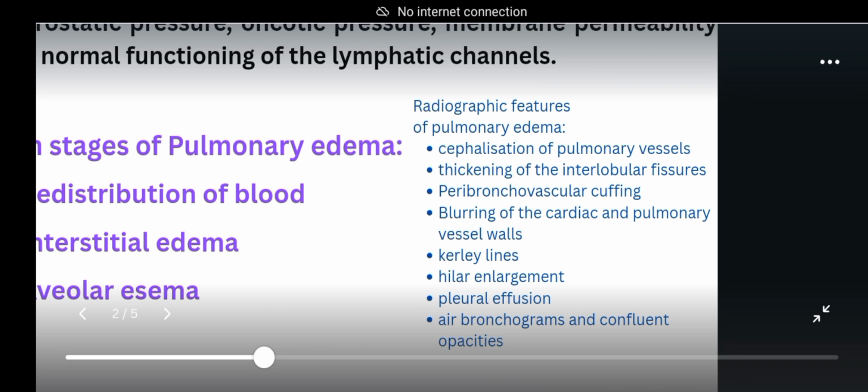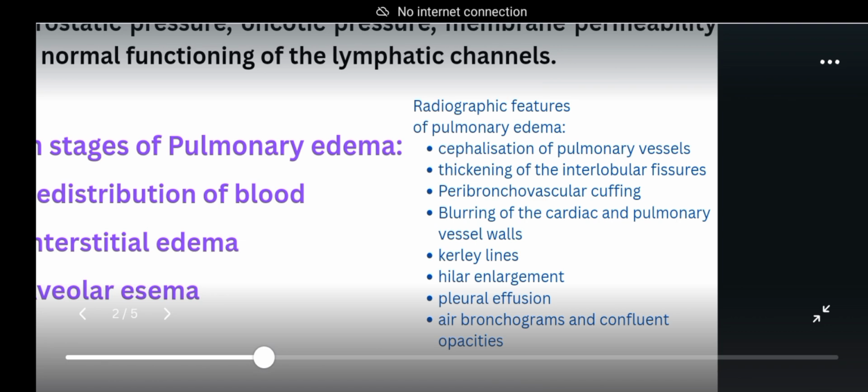The radiographic features of pulmonary edema are cephalization of pulmonary vessels, thickening of the interlobular fissures, peribronchovascular cuffing, blurring of the cardiac and pulmonary vessel walls, Kerley lines, hilar enlargement, pleural effusion, air bronchograms, and confluent opacities. These are radiographic features of pulmonary edema.